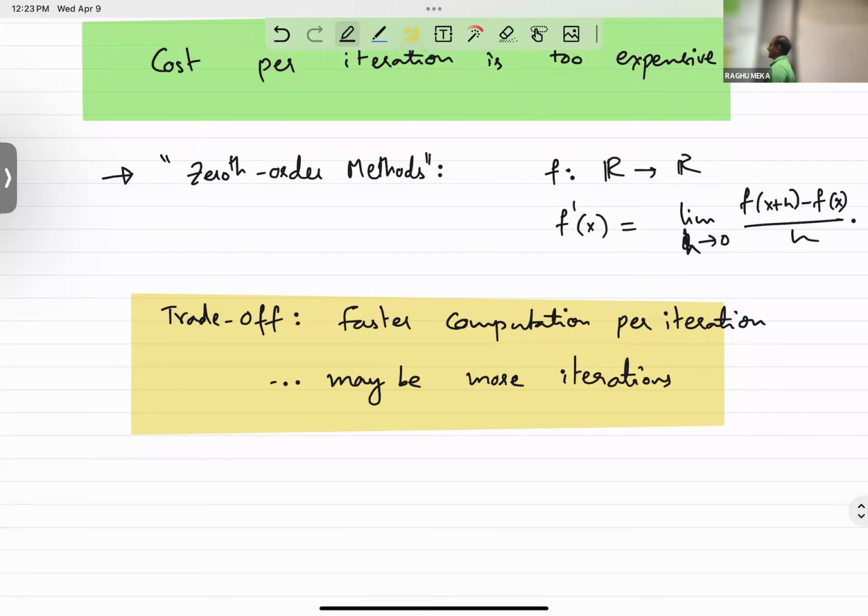We are going to settle for some approximations of the gradient, which means that maybe you'll end up using more iterations, more rounds than GD, or even the accelerated ones. But it's still good enough to give you some savings. So this is a trade-off that might be okay for us.